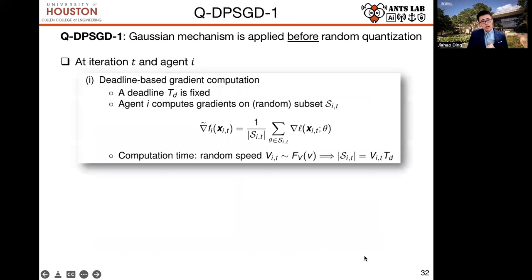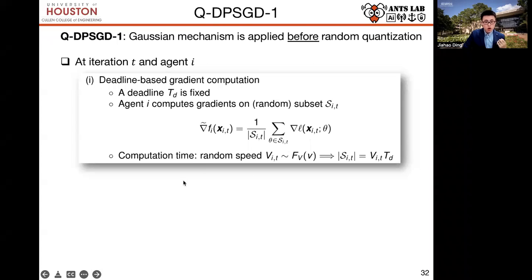So with the introduction of our first algorithm, we add Gaussian noise before the randomization. At each iteration t, each agent is given a deadline time TD to compute the per-sample gradient. At the end of the deadline, each agent computes its local mini-batch gradient, where the size of the mini-batch is not deterministic but a random variable.